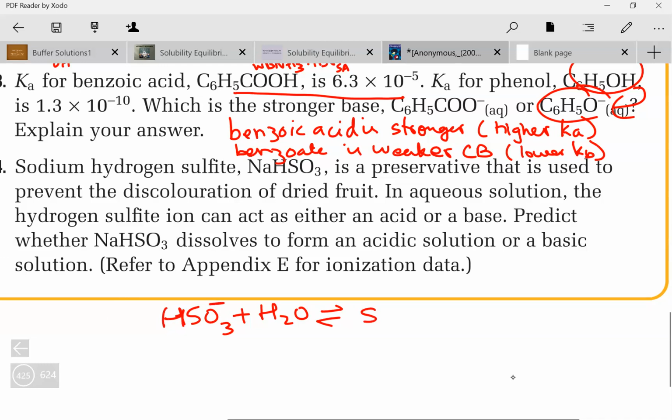It can act as an acid to give me SO3 2 minus plus H3O plus. And the Ka value for this is, in fact, 6.3 times 10 to the negative 8.